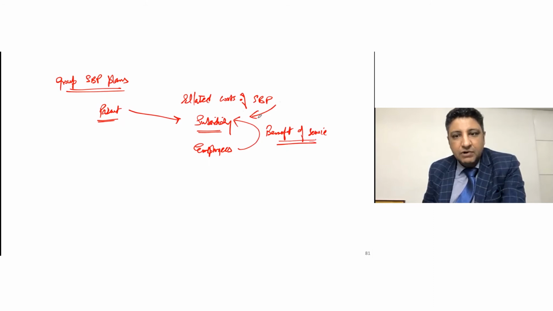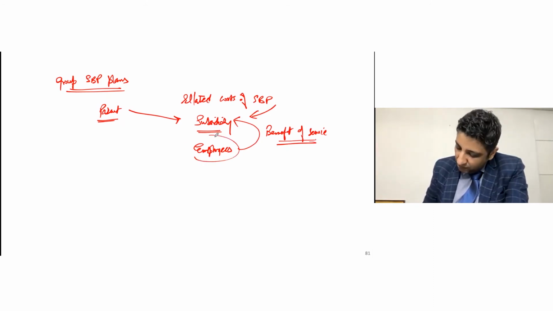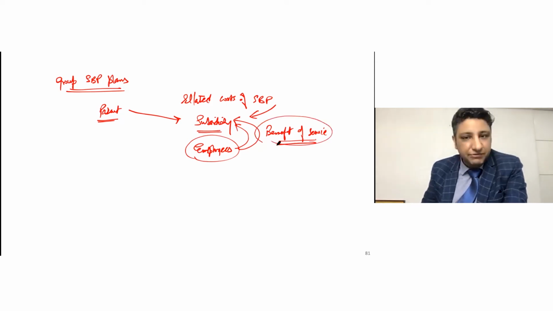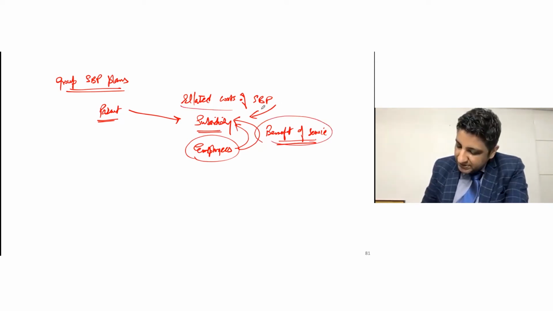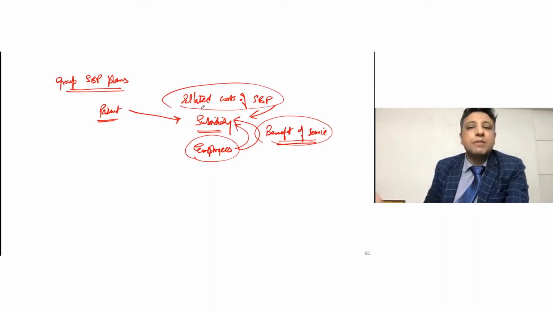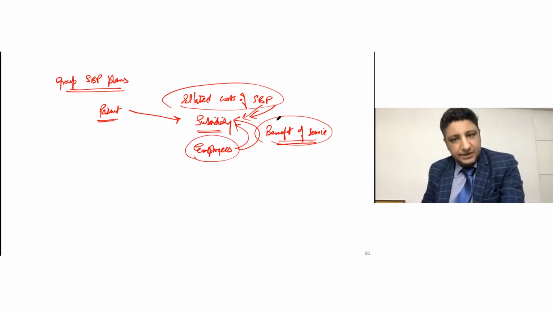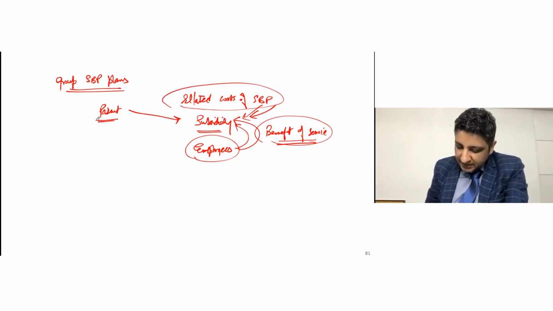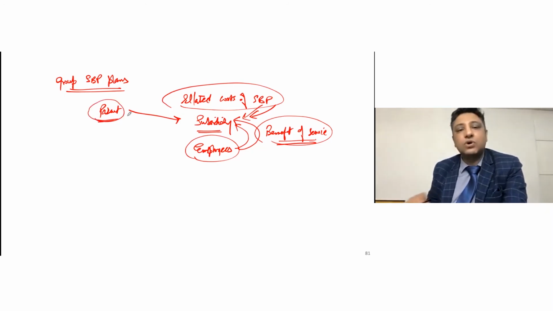Okay. What we are saying is that since the employees are serving the subsidiary and the subsidiary is receiving the benefit of their service, the associated cost of those share-based payment plans should also be charged in the books of the subsidiary, right? It simply means in the books of the parent in this scenario, you cannot book any cost. All right.